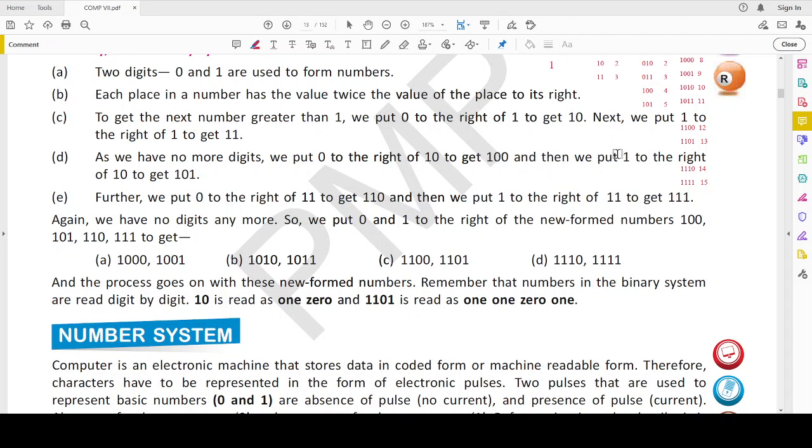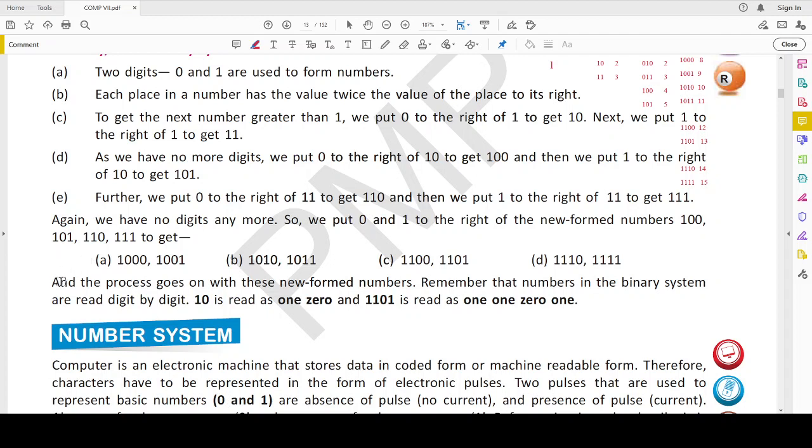Then we put 1 to the right of 1 0 to get 1 0 1. Further, we put a 0 to the right of 1 1 to get 1 1 0. Then we put 1 to the right of 1 1 to get 1 1 1. This way it goes on, and the process goes on with the newly formed numbers.